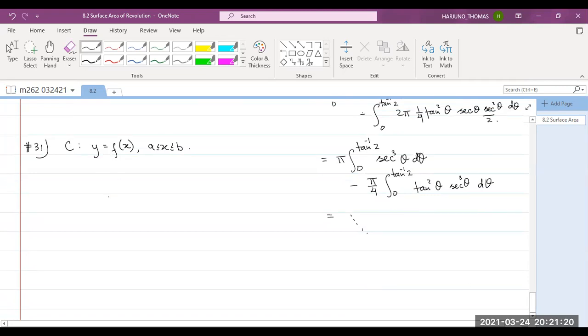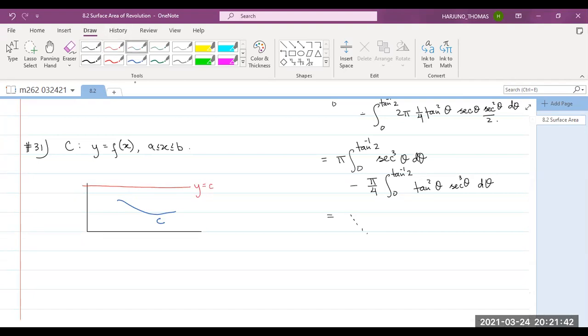So you have this curve, let's say. Let's say this is a curve, and you want to rotate that around the line y equals c. I don't want to have two c's there, so call this curve something else. Find the formula for the area of the resulting surface.